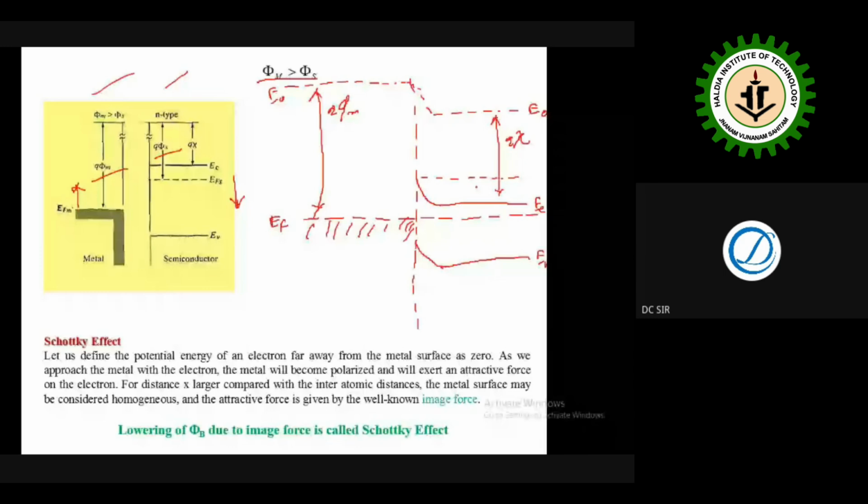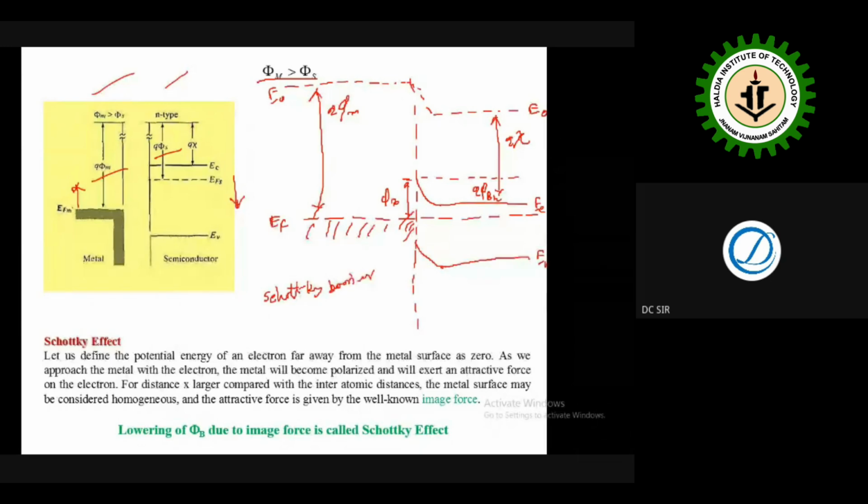This is the barrier q phi Bn, and this distance, denoted by phi B, is called the Schottky barrier.